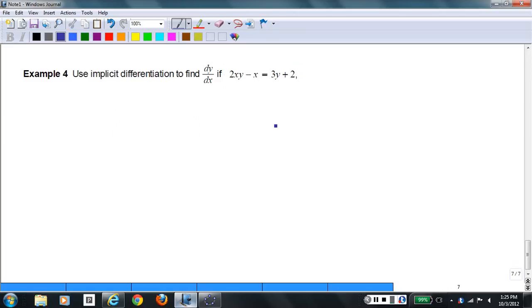There, so a little bit of editing. Let's do this. 2xy minus x equals 3y plus 2. This should be actually a little bit nicer example.